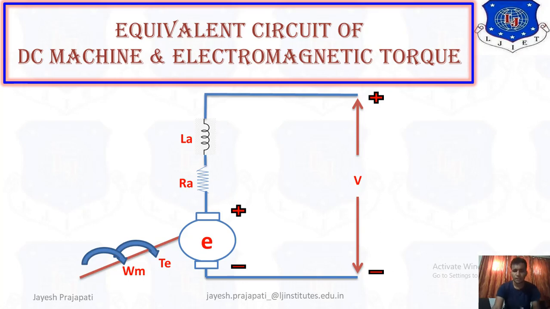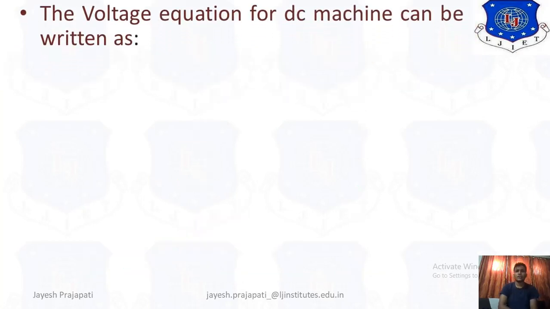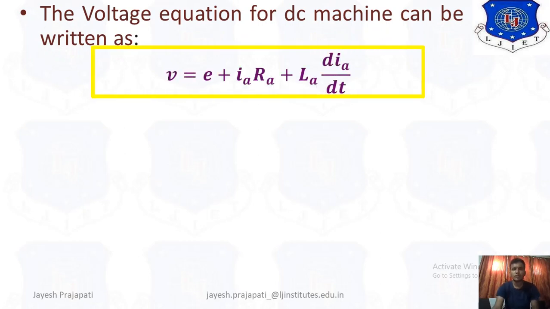Now we take some equations related to this equivalent circuit. The voltage equation for the DC machine can be written as V is equal to E plus IaRa plus La dIa by dt.